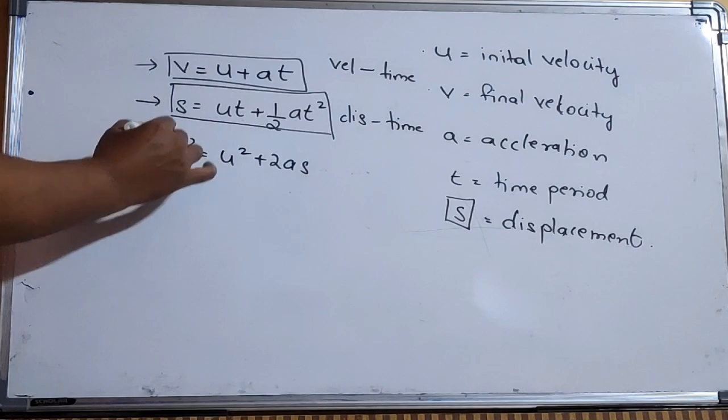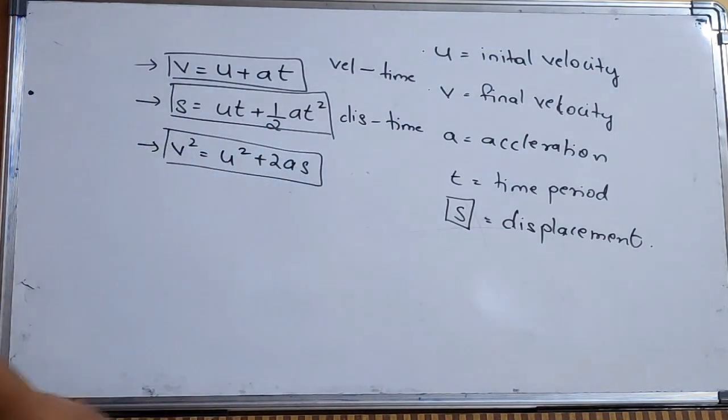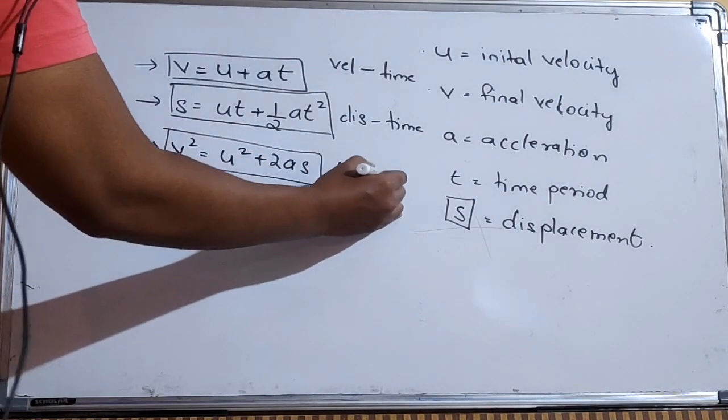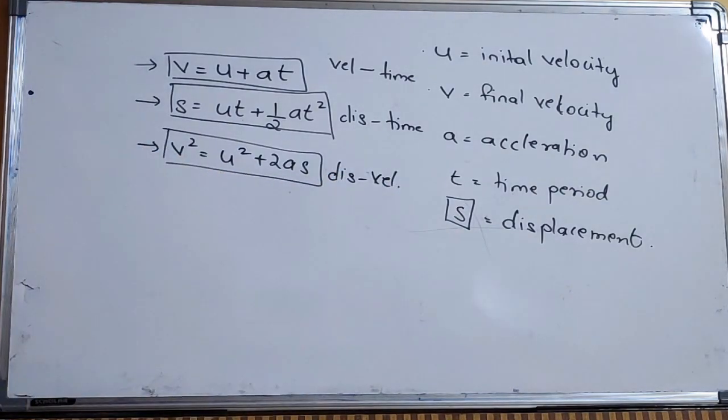And if you notice in the last equation, there is no factor of time. So this gives the relation between displacement and velocity. Understood, students? So what we are going to do is we are going to derive these three equations graphically.